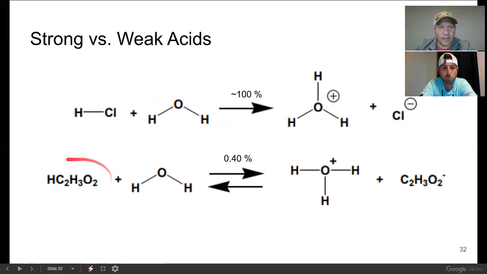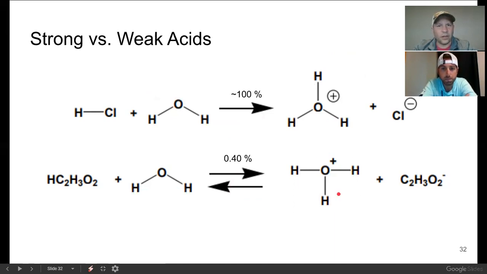Vinegar, on the other hand, only 0.4% of it will form products. It goes back to equilibrium: this one lies heavily with the products and has a large KEQ, and this one lies heavily with the reactants, which means a very small KEQ.